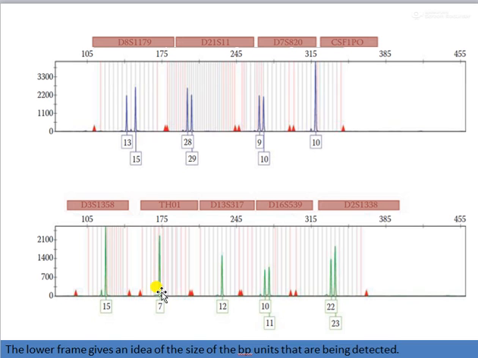Same in the case of TH01 here, he has around 175 base pairs, and a repeat of 7. This STR locus has been found to be homozygous in nature.